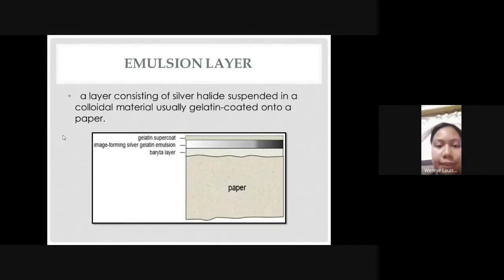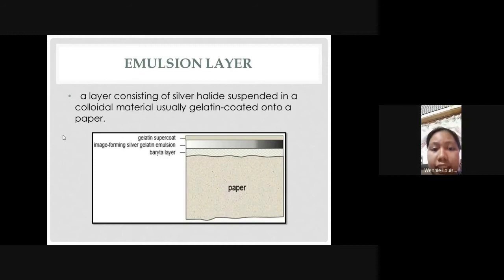Next is the emulsion layer. The emulsion layer is a layer of the photographic paper consisting of silver halide suspended in a colloidal material, usually gelatin, coated onto a paper. Silver halide is the light-sensitive chemical in the photographic paper that is coated with gelatin, and gelatin holds the silver halide intact.